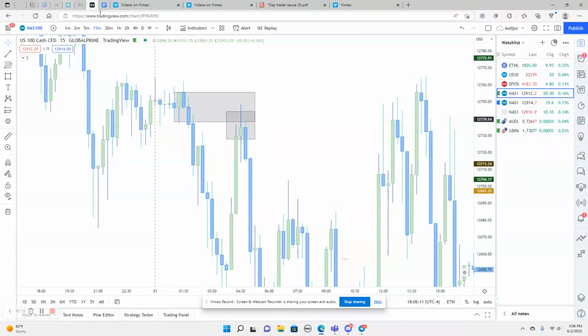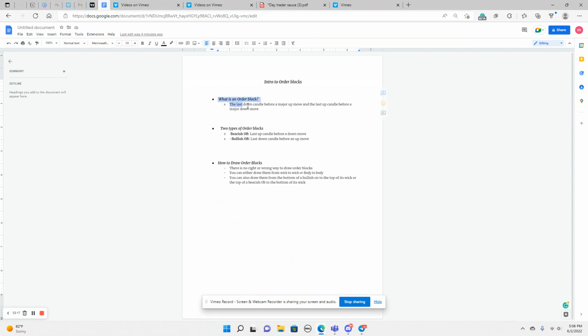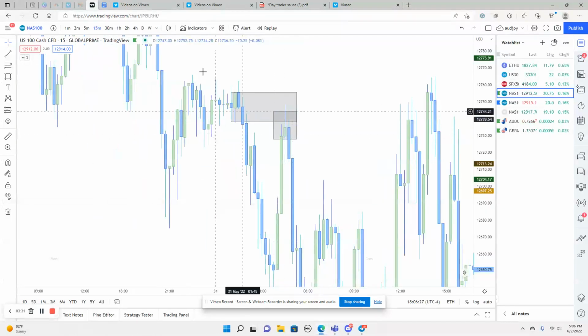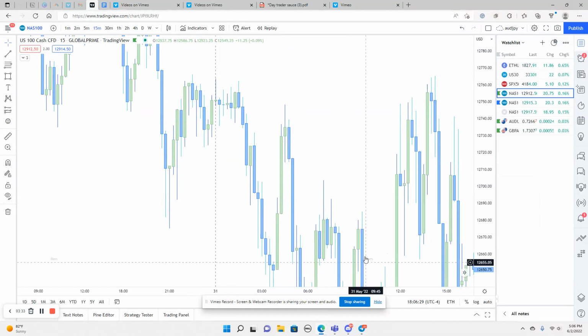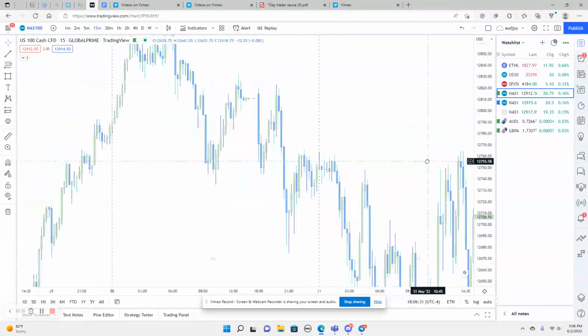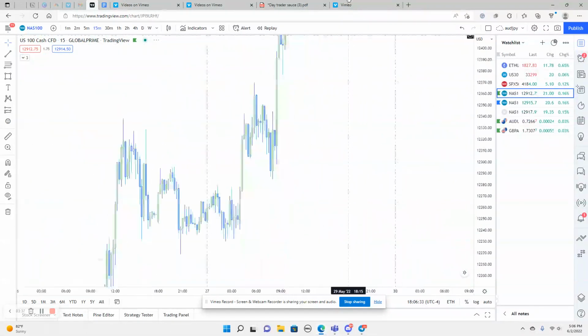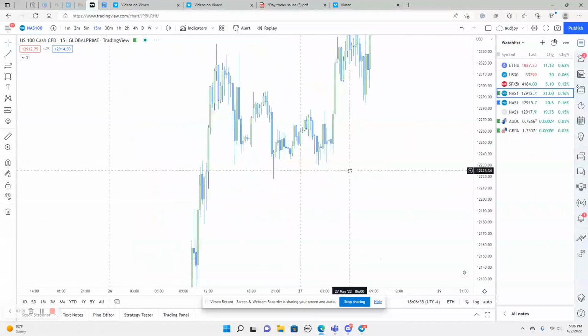Okay, so let's see. We know that an order block is the last down candle before a major up move and the last up candle before a major down move. We know that there are 2 types of order blocks. Let's talk about the bullish order blocks right now. All right, let's go down here. We tend to find them more down here.